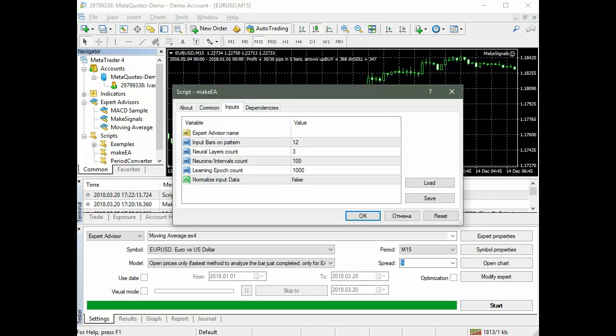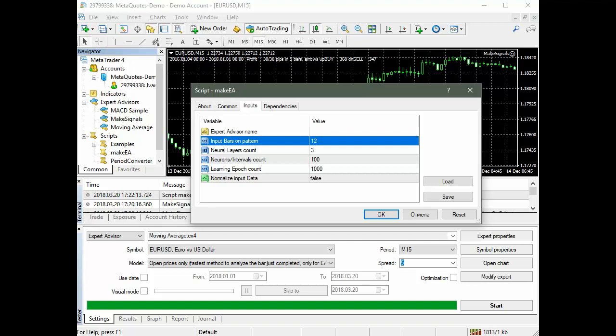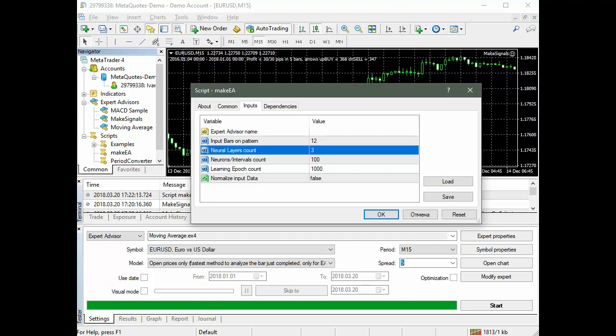Input bars on pattern, the number of bars to the left of the trade signal for use as a training set pattern, which means that in this case, a single pattern of neural network training data will look like 12 inputs, quotation data, and 1 output, 0 for a supposed sale transaction, 1 for buy. Next, select the number of layers, PNet levels, and training epochs.